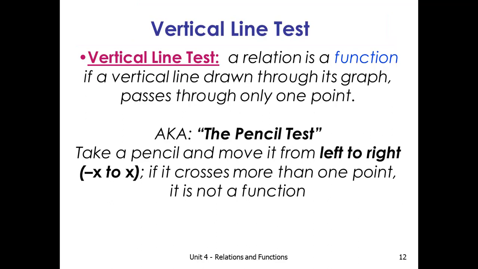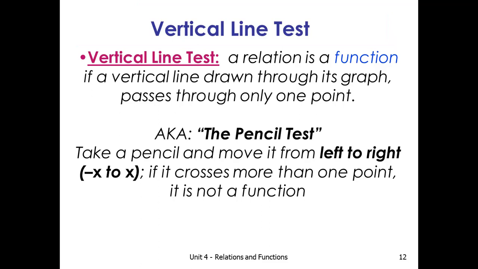If it crosses more than one point, it is not a function. I repeat, if an equation's graph fails the pencil test, it crosses more than one point. Okay, it is not a function.